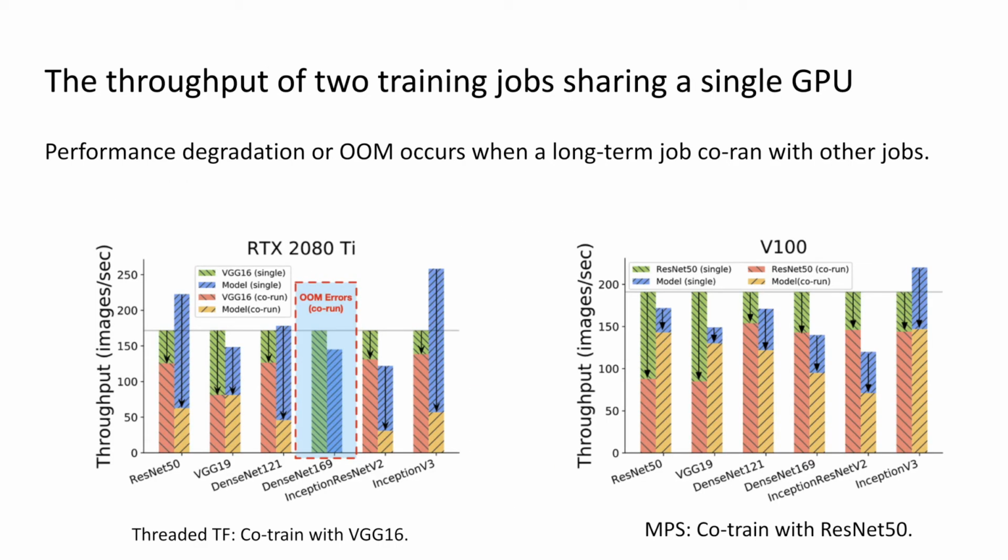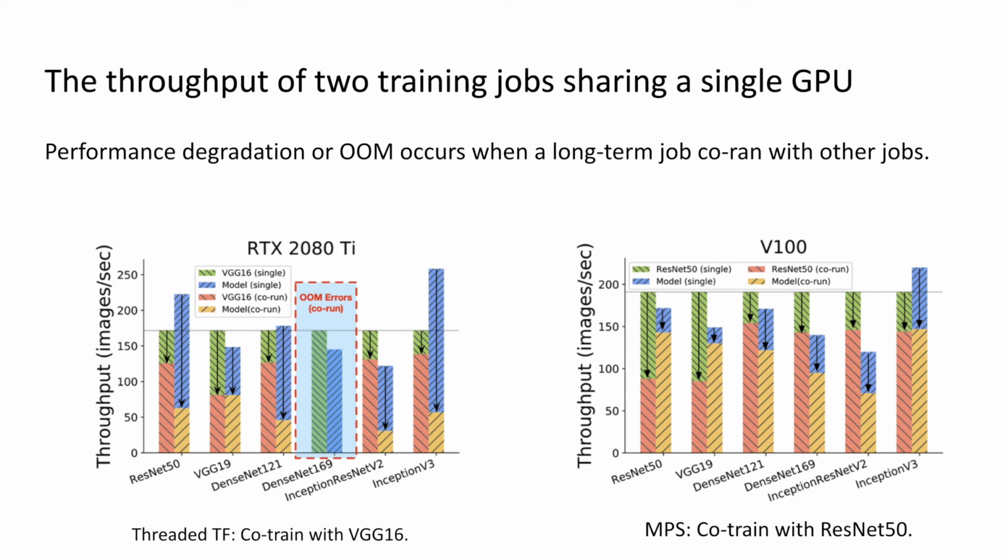This slide shows the throughput performance of SwitchFlow. The bars in each group correspond to the performance of the two models, with arrows showing the performance degradation compared to that running solo. Multi-threaded TensorFlow causes OOM errors when the aggregated real-time memory demand of the two models at any point exceeds device memory.